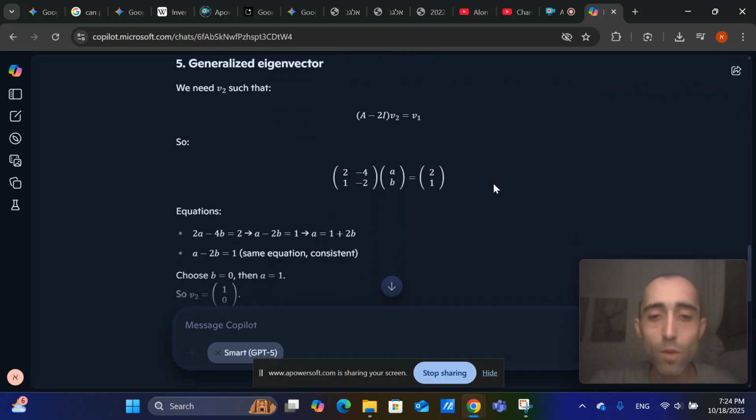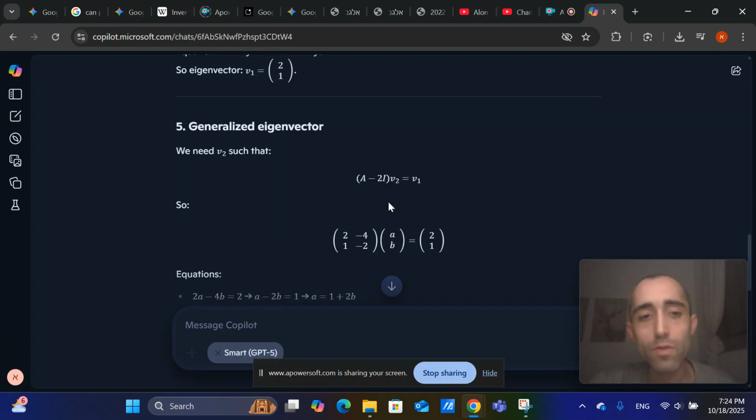Now solving this equation, A minus 2I is this, v2, let's call its x component a and its y component b, we will find them, and v1 we found. This is the (2, 1) we found. This is the eigenvector.